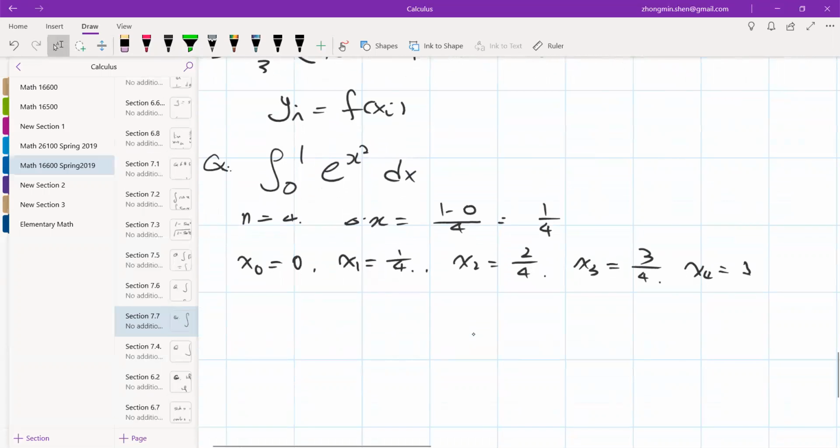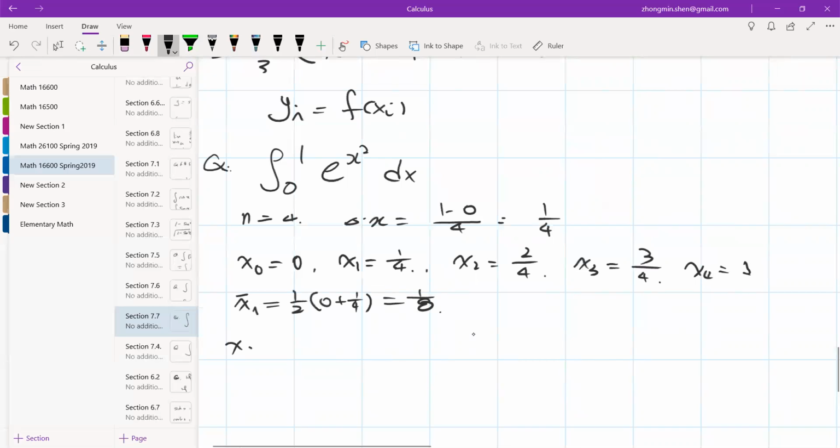And for the midpoint, you cannot use those numbers. For the midpoint, x1 bar is the midpoint of those, the average value of those two. So it's going to be 1 over 8.